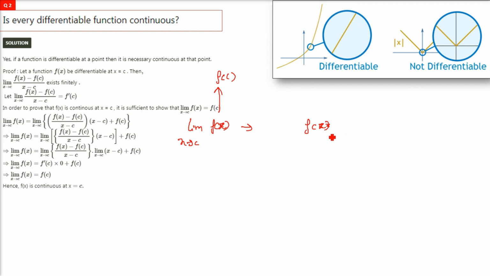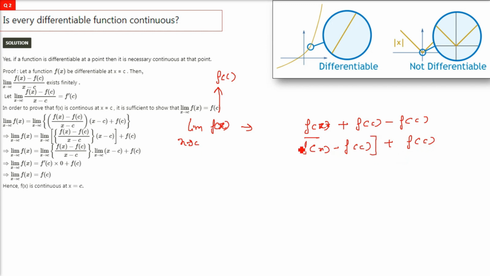And we will introduce some f dash x here. Just I'll show you how we are going to do this. I am adding and subtracting f(c). It will not have any effect. You can just cancel this f(c). So this f(x) can be written as f(x), this negative f(c) I am bringing in front, and a positive f(c) I am taking later.